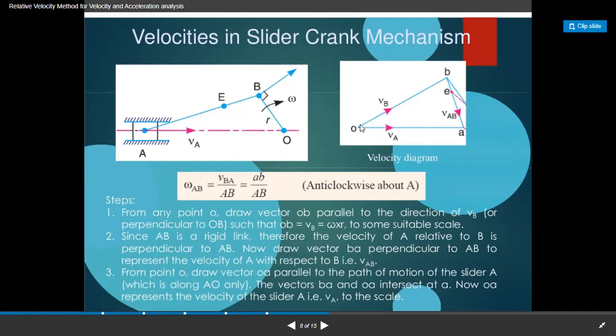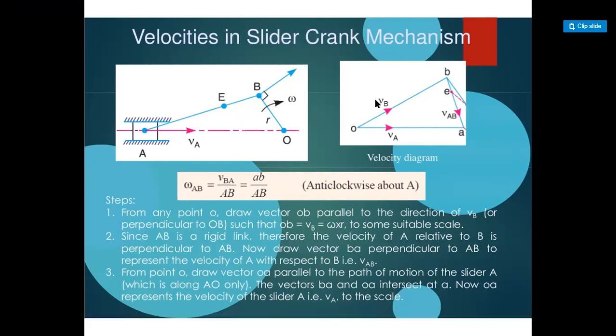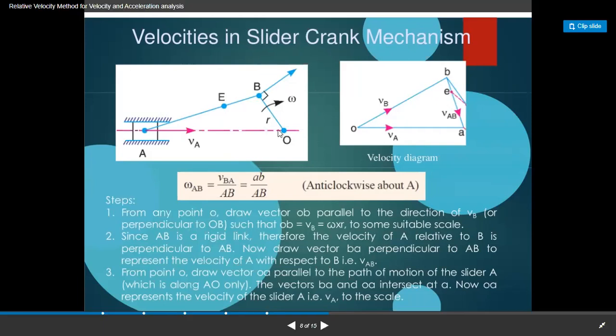So you have to draw a line OB, right? You have the magnitude of VB as omega into R. So whatever value you get, with the same value using a scale, you have to draw OB, right? So you can get the point B.